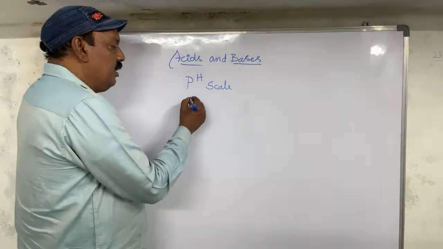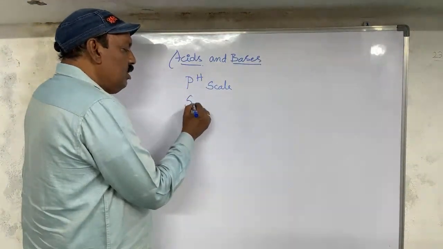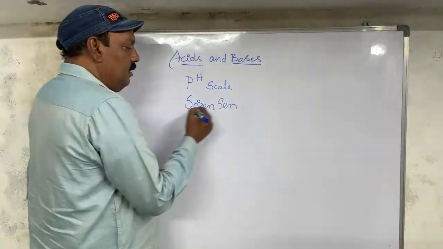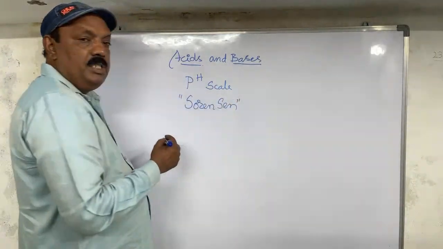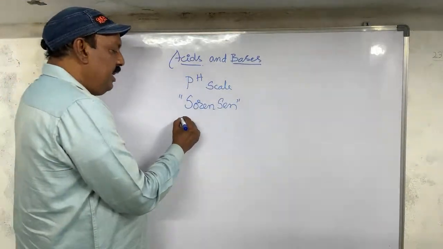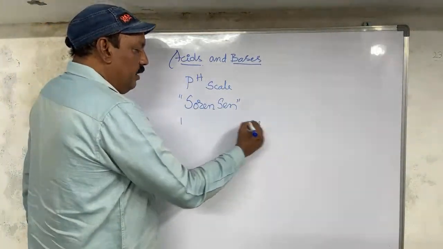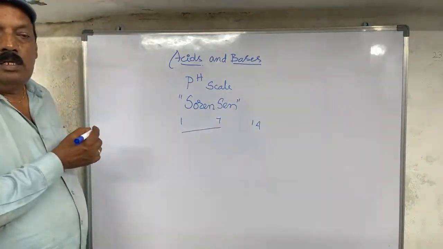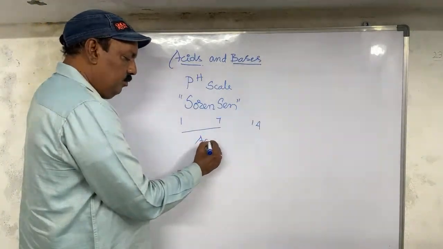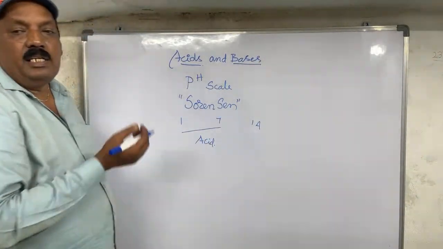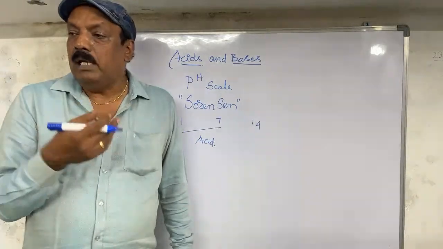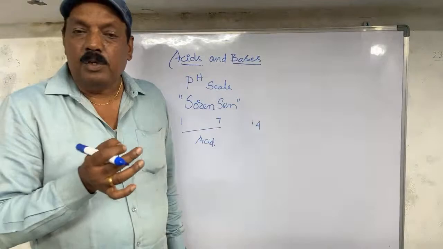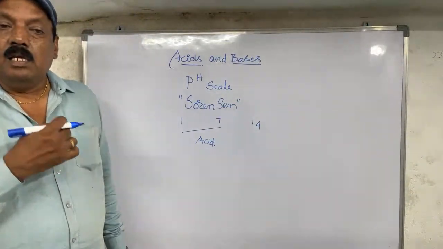It was discovered by the scientist Sorensen, and it has 14 divisions, 1 to 14. Below 7, the readings on this scale are all acids, such as lactic acid present in milk, uric acid in urine, and lemon.